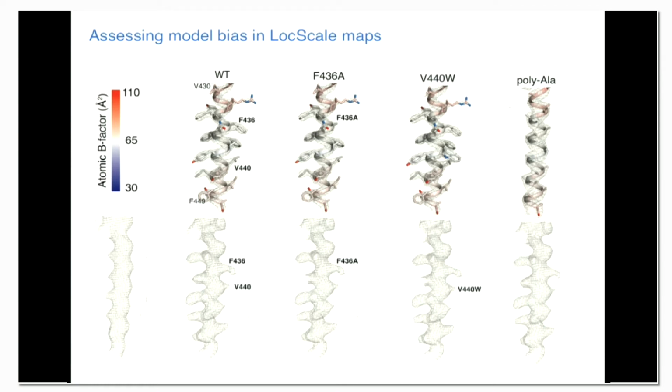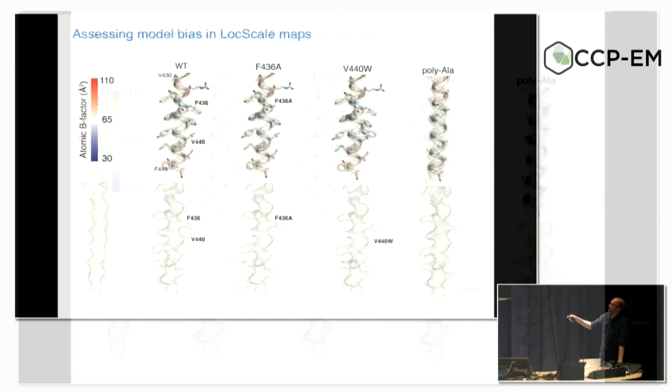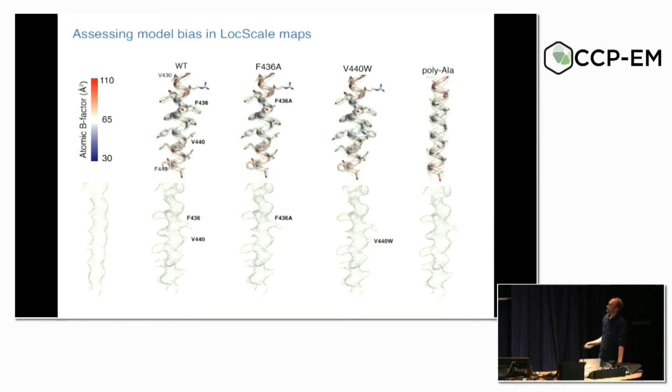If I do the opposite, so if I basically now take a small side chain and replace this with a very large side chain, in this case, a substitution of valine against tryptophan, then you see that there is no extra density for the tryptophan coming up at this position. That's also what you would expect, because all you do is transfer information from the amplitudes, and on top of this, these are radially averaged.